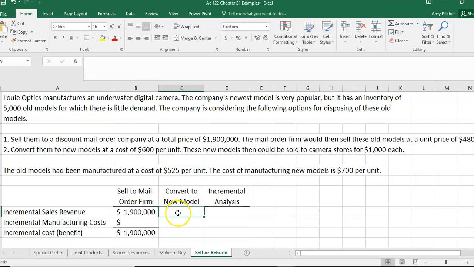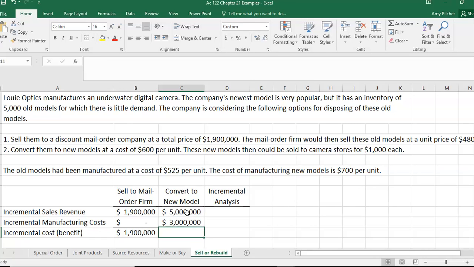If we convert them to the new model, we can sell them for $1,000 each. So our sales revenue is $1,000 times 5,000 old cameras. Our incremental manufacturing costs are, we have to pay $600 to convert them. So 600 times 5,000 cameras.